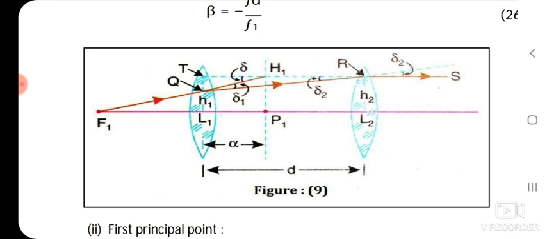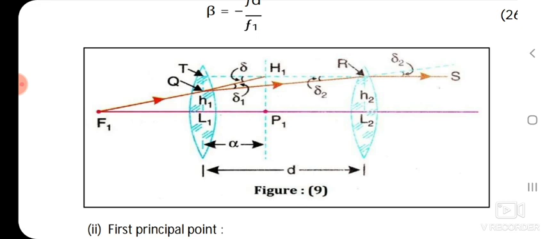P2 is located at a distance of L2 P2, which is equal to beta from the second lens L2.